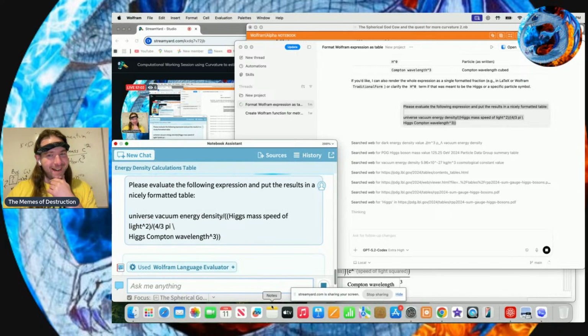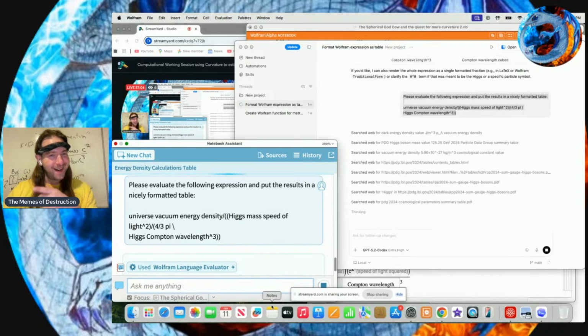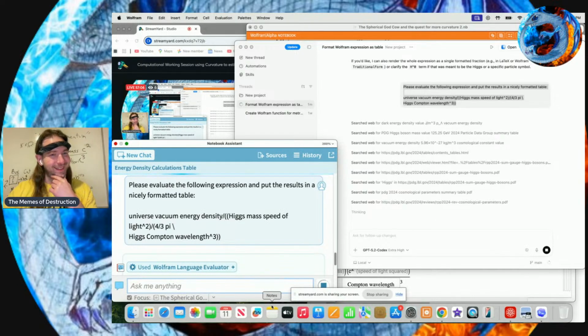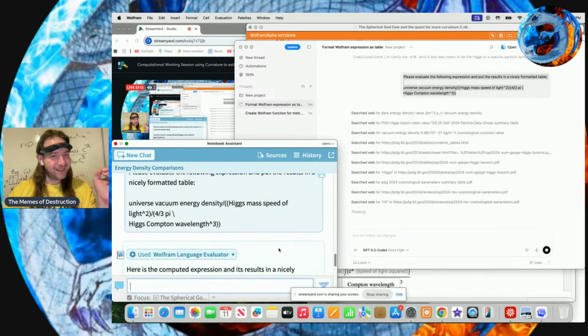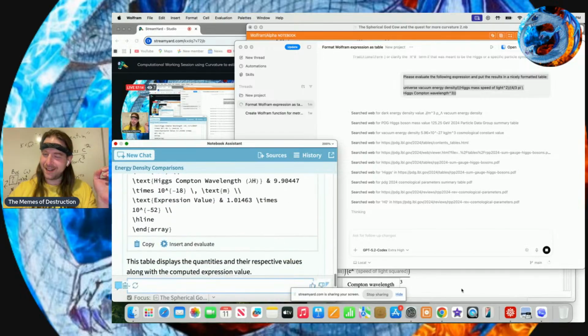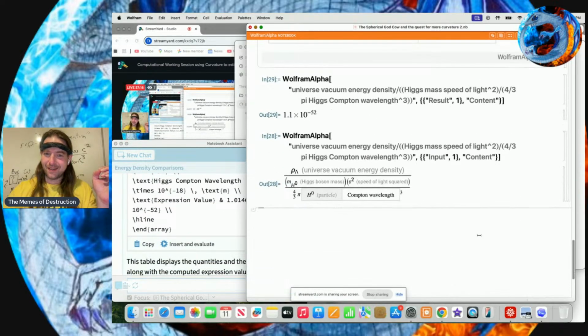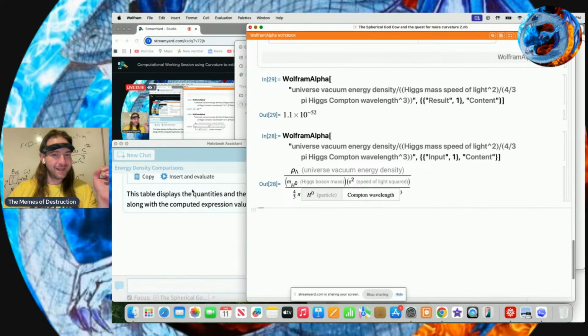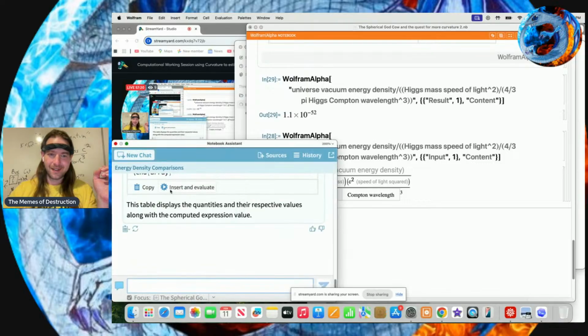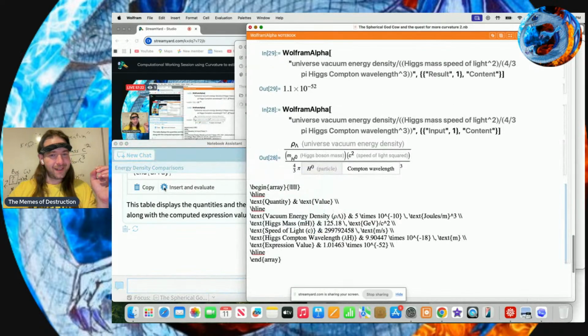Oh, wow. It's just doing it. Oh, it's giving all the results. It's probably going to write some Python code. I didn't specify Wolfram language. Okay, it's using the Wolfram language evaluator. All right, that last thing was not what we wanted. Let's see how this is. Certain evaluate.